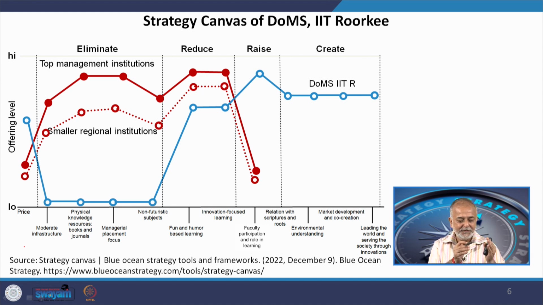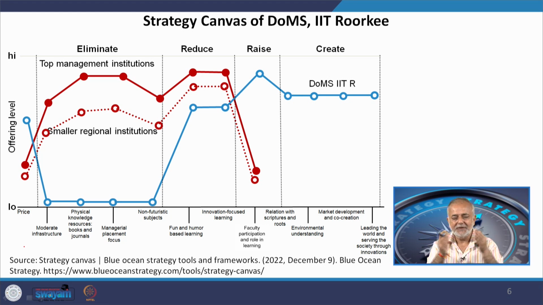Offering levels in terms of price were at a comparative level, less than many other B schools, because, as I told you, although students are not customers, they calculate in terms of ROI, return on investment, because they think about paying the fees as an investment.